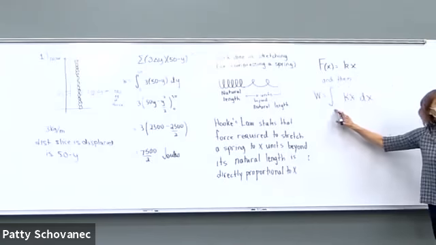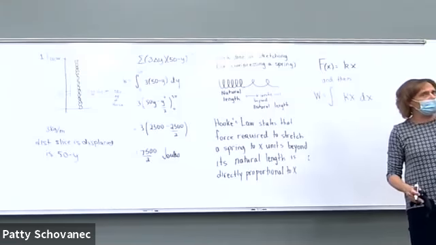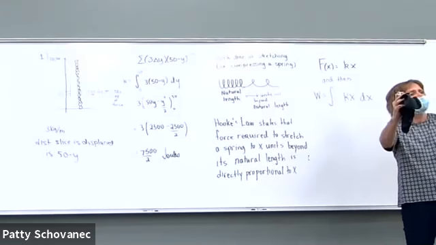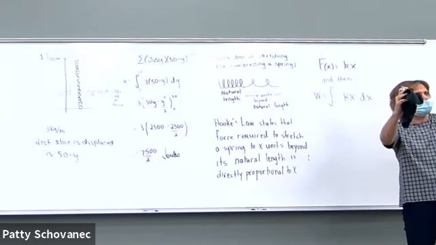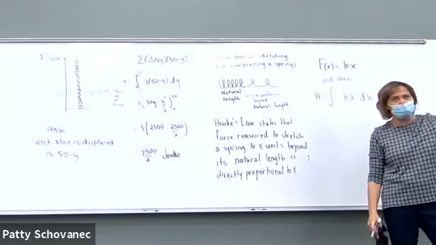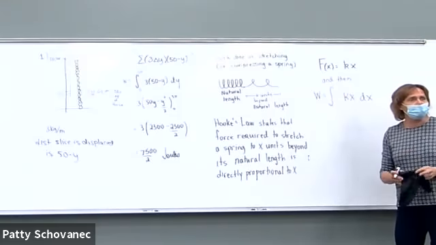The numbers that go on the integral sign represent the distance beyond its natural length. So if we're going from natural length to a certain distance, we would integrate from 0 to whatever that number is. If we've already got it stretched out a certain distance beyond its natural length, and we want to go from there to there, then we'd integrate from a to b. So we're going to assign 0 to natural length and then increment up from natural length.